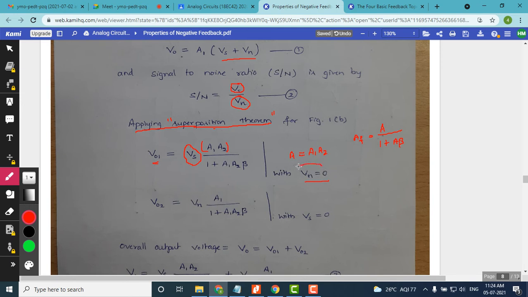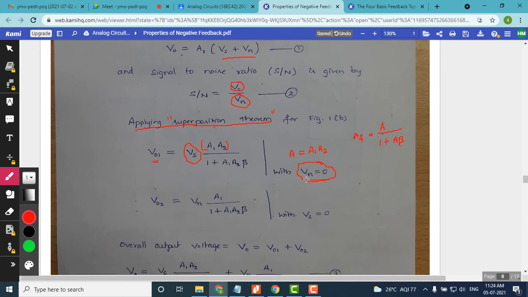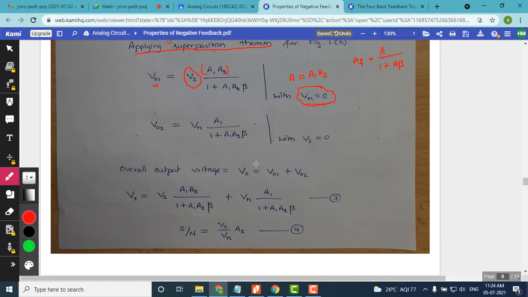In our first case, we have made Vn as 0. Now the second case, according to the superposition theorem, is when Vn is active but Vs is 0. Let us see what the output voltage V02 is. Once you make Vs 0, the A2 amplifier does not exist.